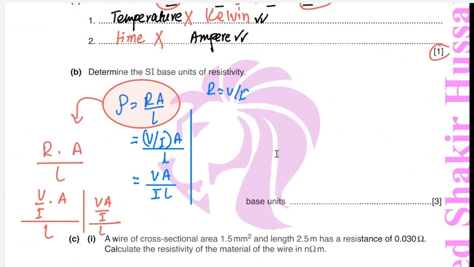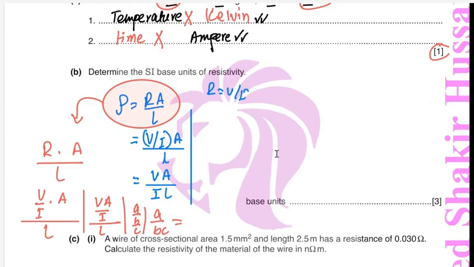So it's simply VA, it becomes A upon B upon C, right? Whenever it's like this, A upon B upon C, it equals A upon BC, right?